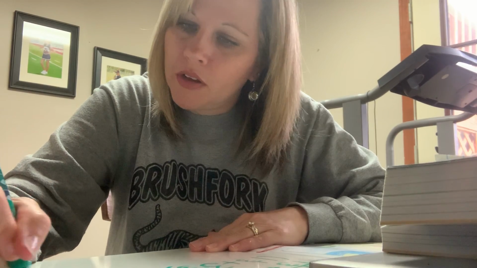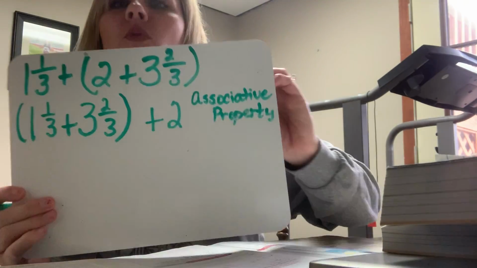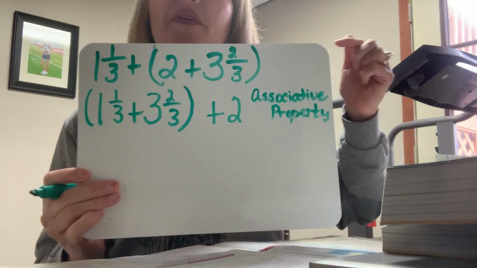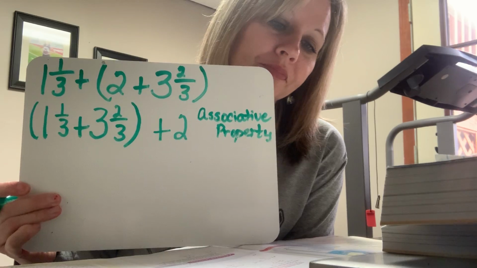I left out a step. What they wanted us to do first, I'm not going to do. I'm going to keep this one the same way. This one is going to be the associative property. My bad, just a different grouping. It's easier this way. It's the associative property when I grouped it differently.